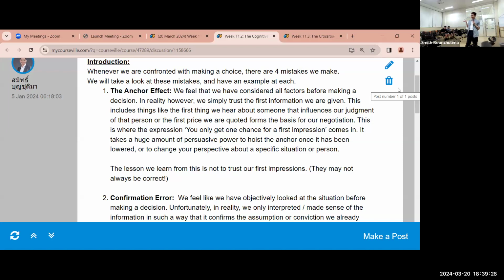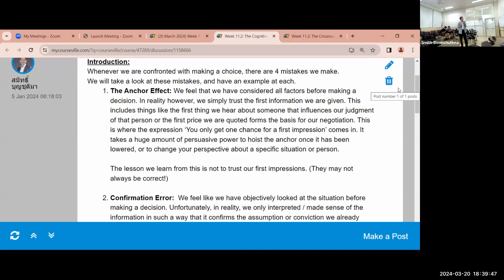Is that right? That is the anchor effect. So the first impression of the price gets the anchor effect on the person who makes the decision.